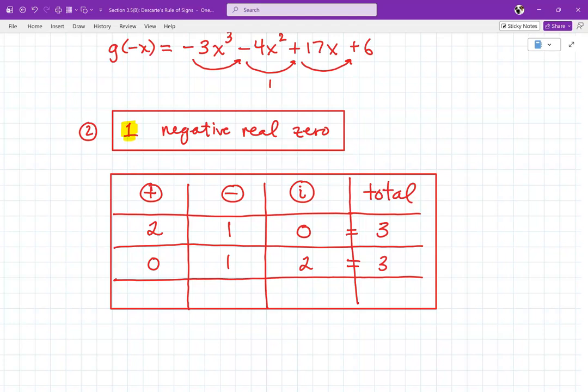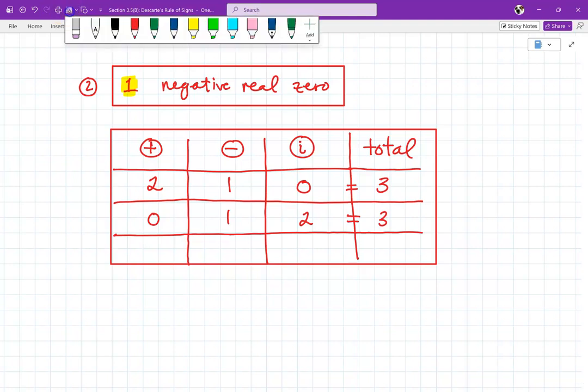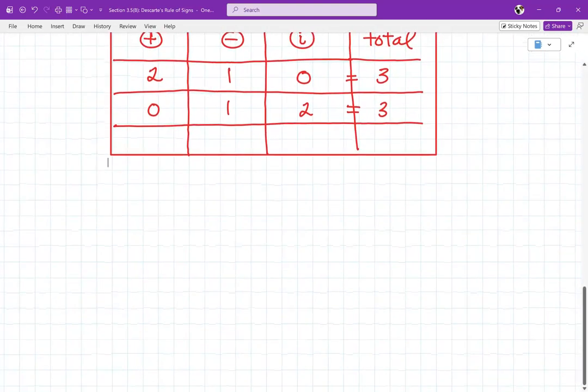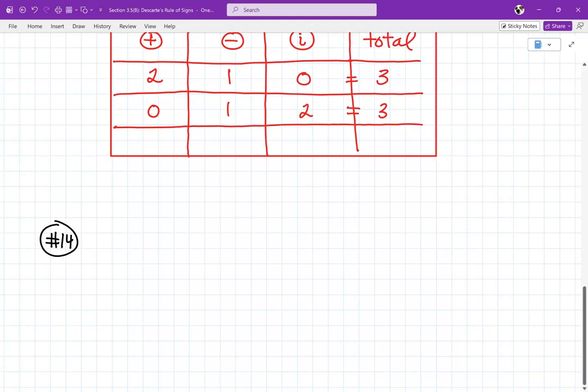So let me do another one. Then maybe we'll do a third one just in case, just to give you enough of an idea of what's happening. So let me see. Let's look at number 14. I'm going to jump to 14 because that one looks like it might be the hardest of all of them. And it looks like this.